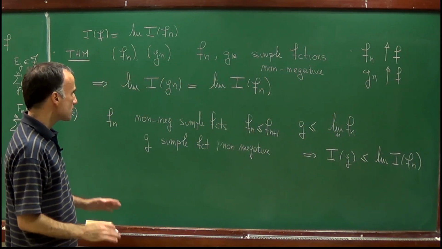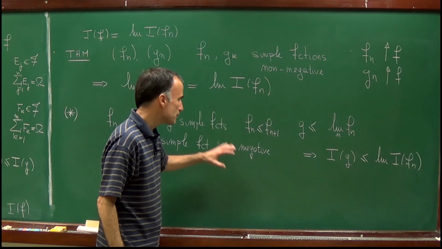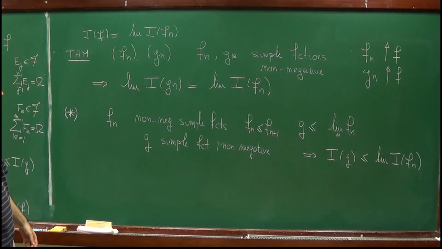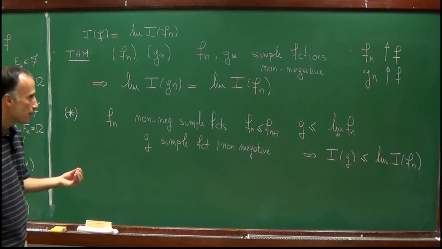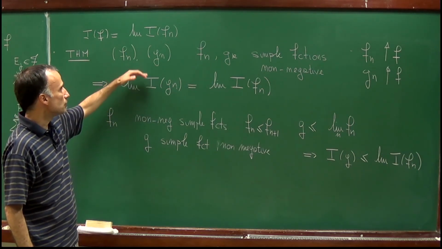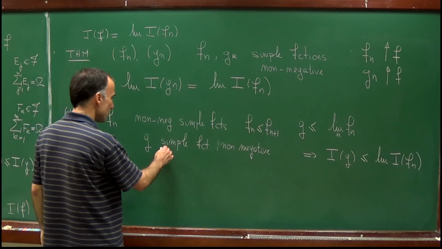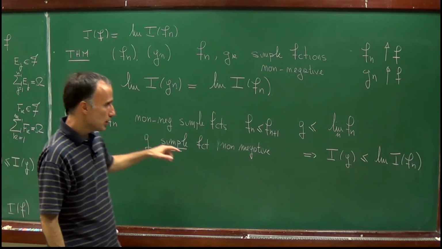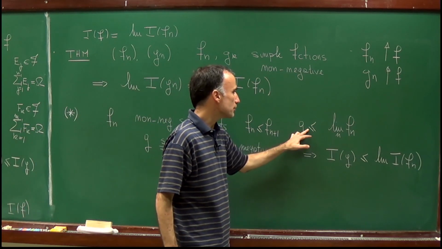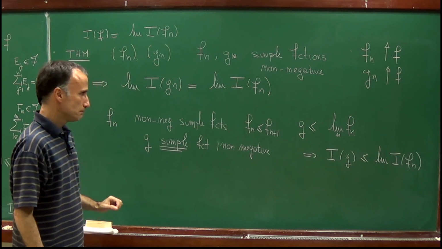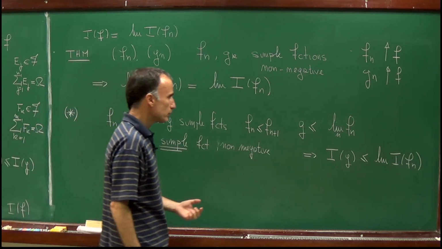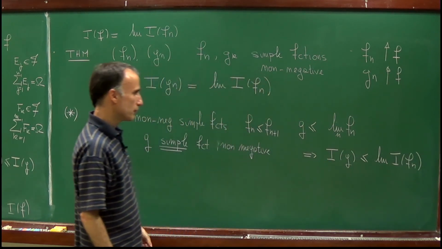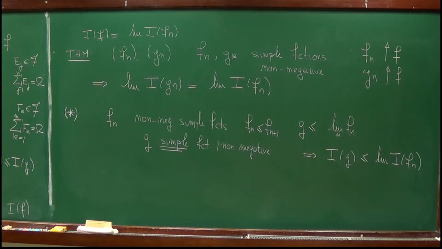So this is what we want to prove, right? And what I claim is that if we prove this statement, then the theorem follows. But the main difference between this one and this one is that now we are comparing a limit of simple functions with a simple function. So we will use strongly the fact that g is a simple function in order to prove this result.